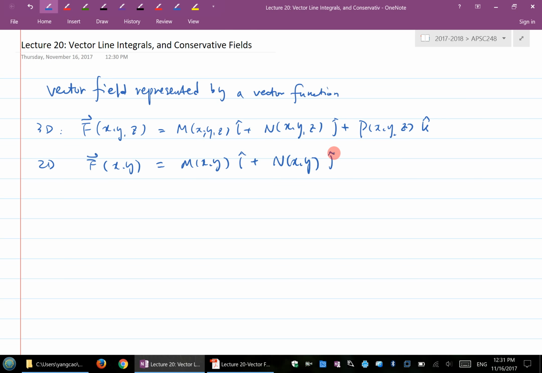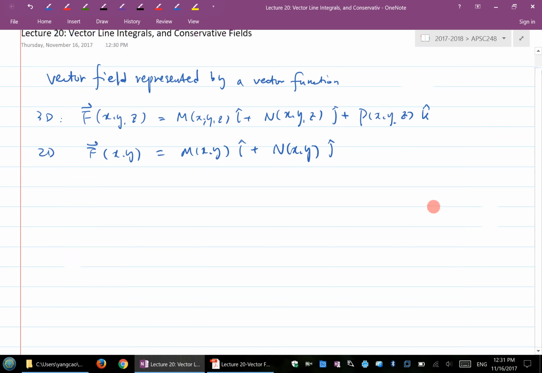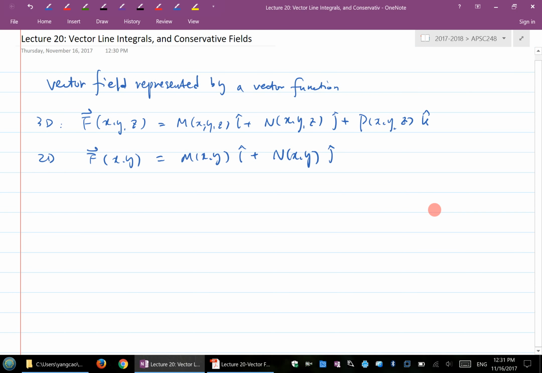So let's continue on the vector field. We'll look at the vector line integral today. Just a quick review of what vector fields are. You could have a 3D field or a 2D field. The vector field comes from a vector function. Each component of the function is a function of variables x, y, z or x, y.